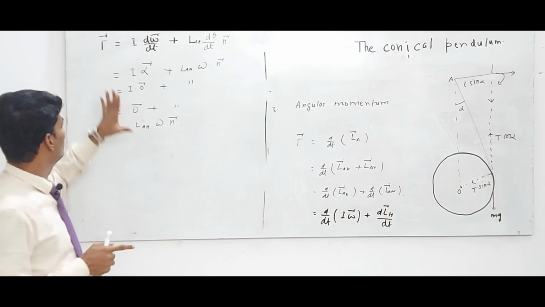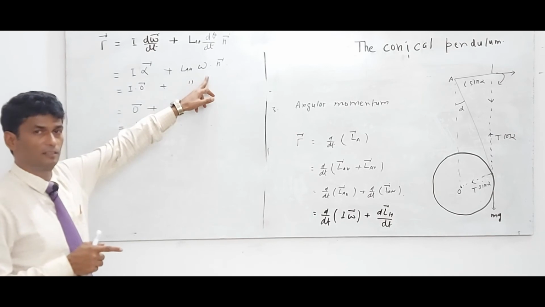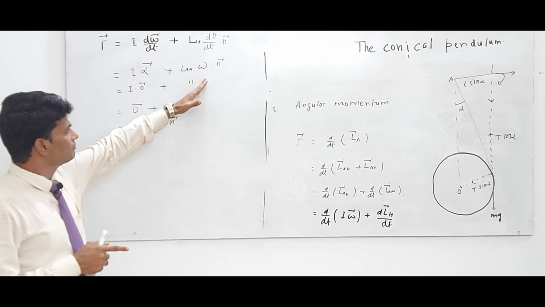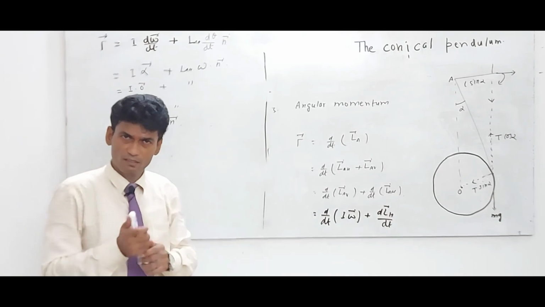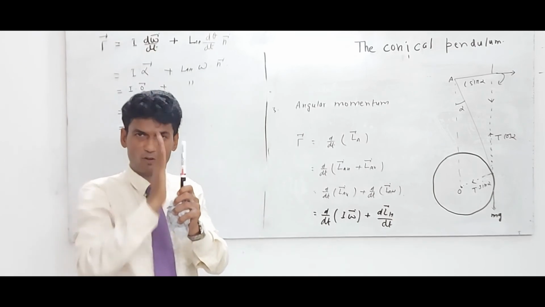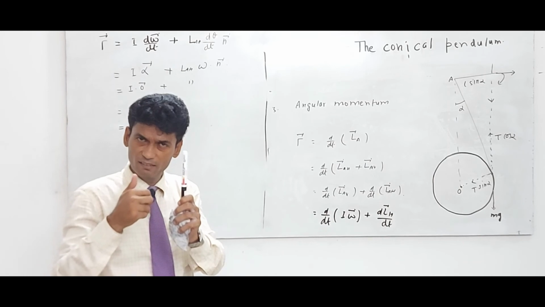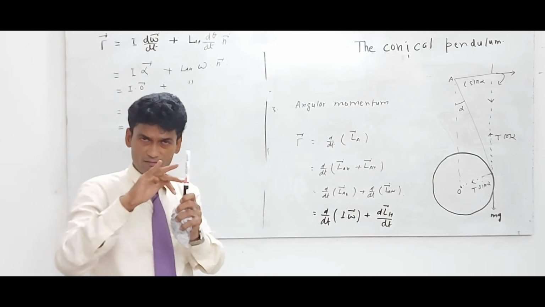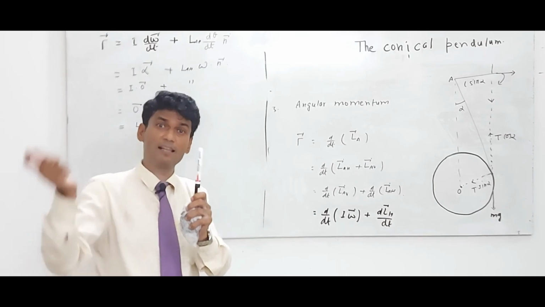So what does it mean? Torque is not all the time I alpha, but the second term must be taken into account. If we may not take the second term into account, once we consider the angular momentum vector in the direction of omega, the angular velocity, then torque equal to I alpha is valid. If angular velocity changes, then it gives you alpha. If not, then torque comes out to be 0 as angular acceleration is 0.